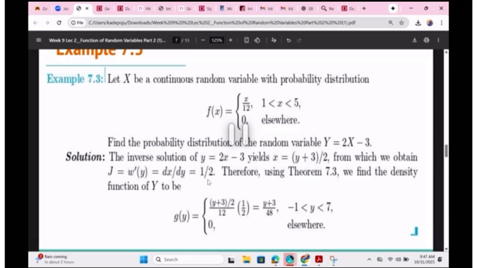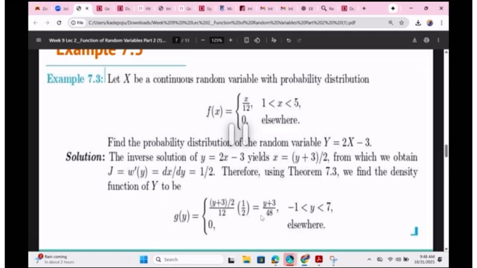And after getting the Jacobian, I will need to find the absolute value. We don't want negative. I will come back to the distribution. Wherever I see s, I will plug in this guy, then multiply by the Jacobian. The Jacobian is 1 over 2. After plugging in and multiplying by the Jacobian, this is my result.